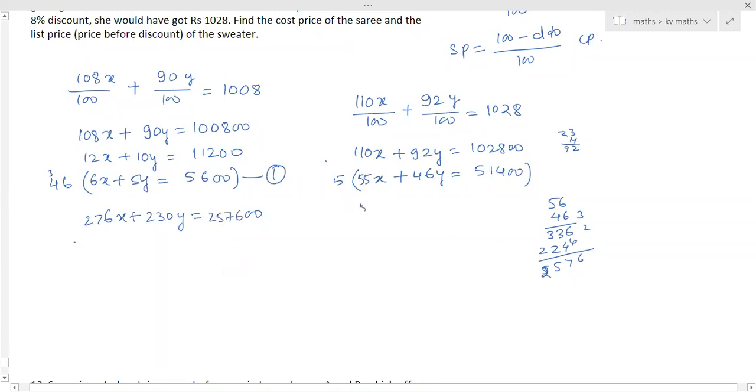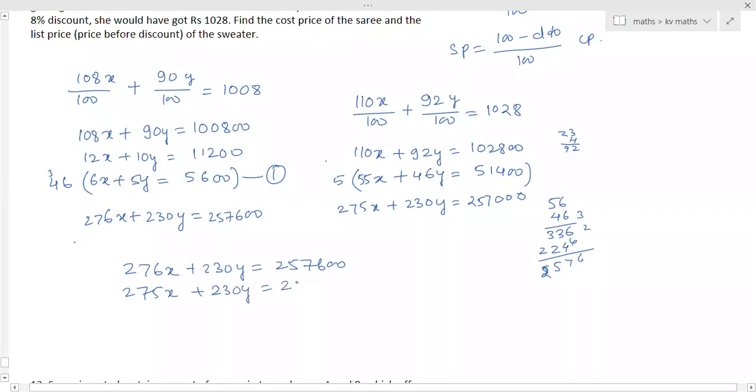And here it is 275x plus 230y is equal to 5 times 102800 over 20, that is 257000. This gets cancelled, subtraction. So x is equal to 600.